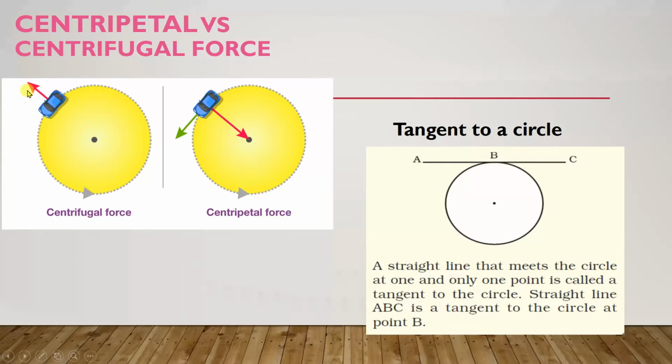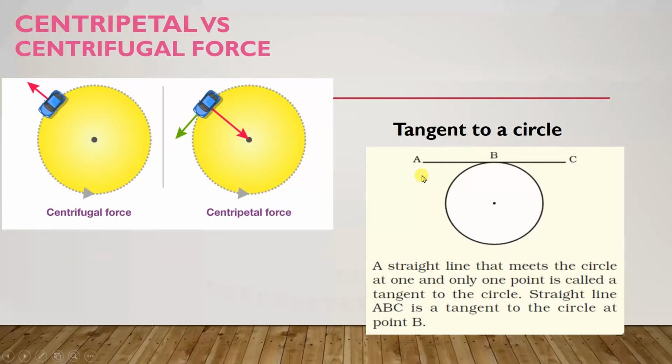It moves outwards. And when an object moves in a circle, the centripetal force also comes into action along with the centrifugal force, and this is a center seeking force. The object will tend to move towards the center.